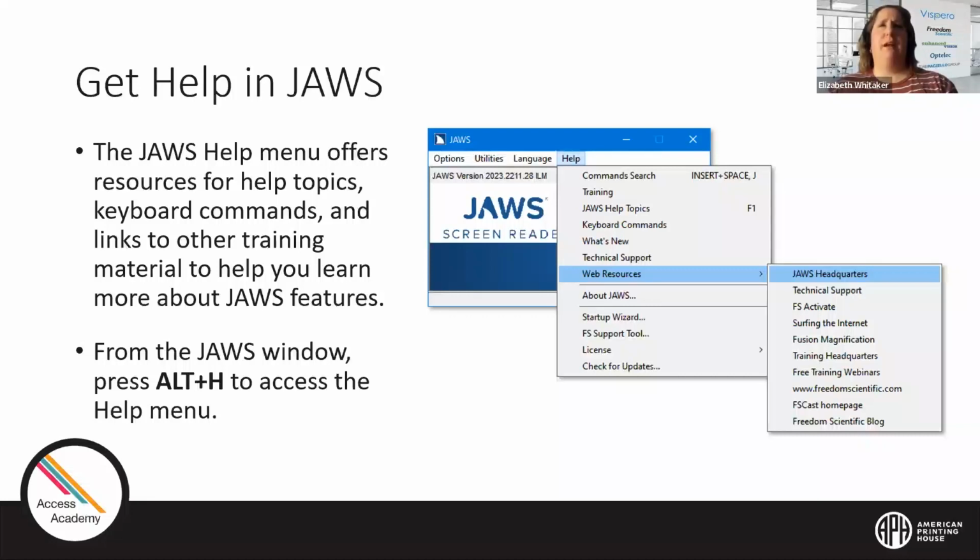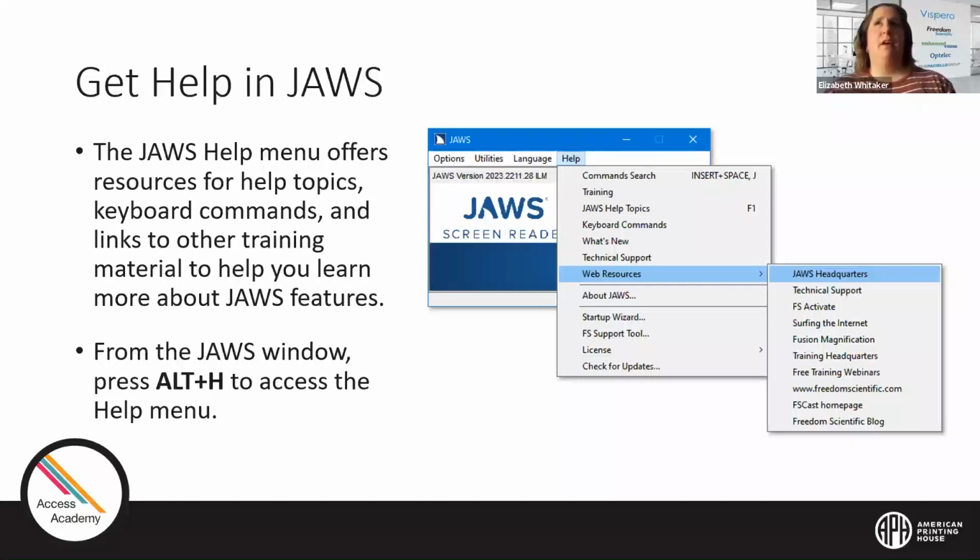You're also going to find JAWS command search, which was what I just accessed when I pressed insert space followed by J. You're going to find lists of keyboard commands. You're also going to find a what's new option. That's going to tell you what's new in the version that you're running, which if you're running 2023, is what's new in 2023.